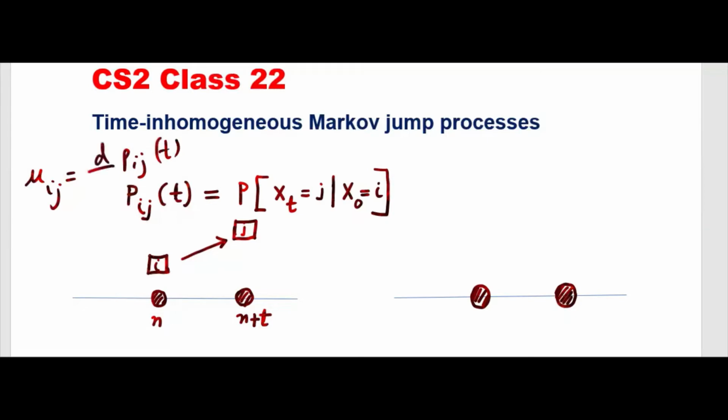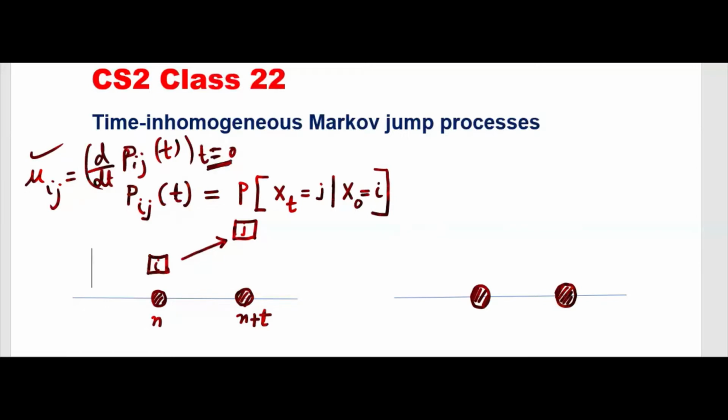We wrote this one, d upon dt at t0. This was mu. The definition of mu was differentiation of this, the rate of change of this, how the probabilities change with respect to time. Around the 0 we have taken, because around whatever point you take, it doesn't matter, it's time homogeneous.